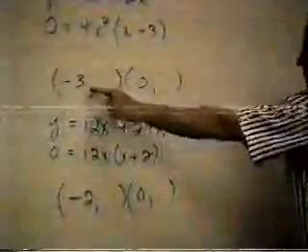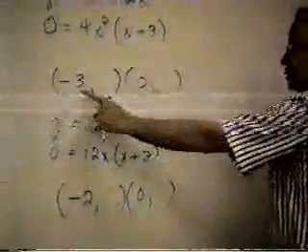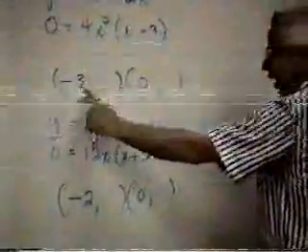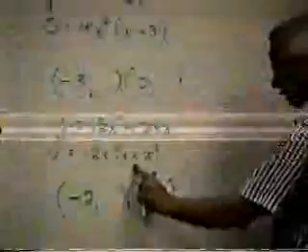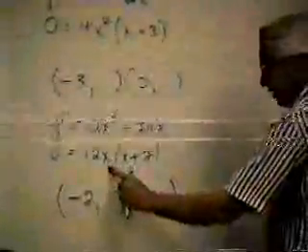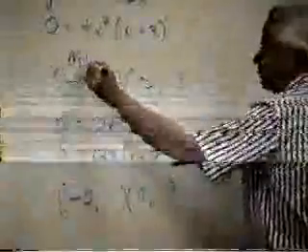Okay, let's use a shortcut method. If I put the -3 in the second derivative, this would be negative times negative, therefore that's positive, therefore this is a minimum.